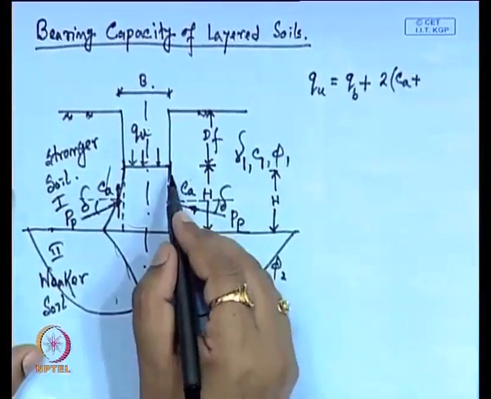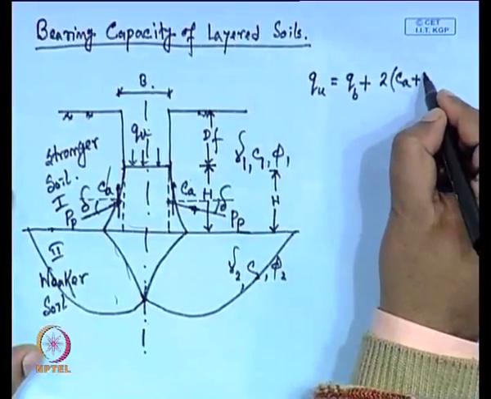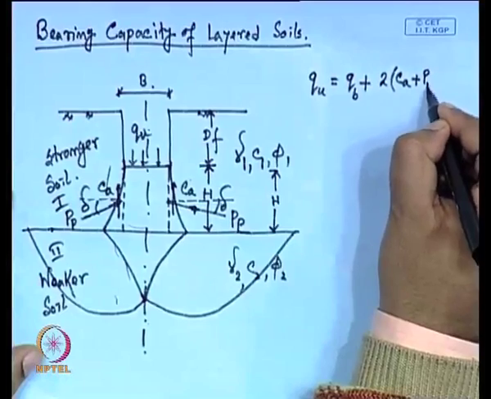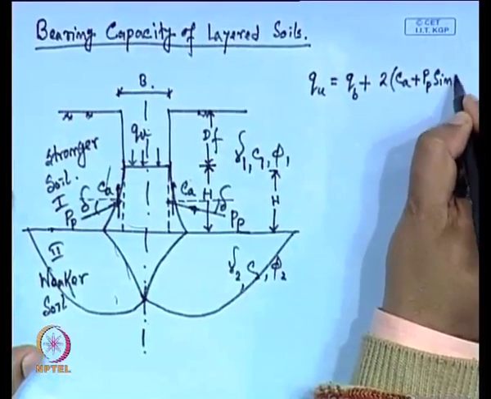So, that will give the upward resistance. So, that is P P into sin delta.